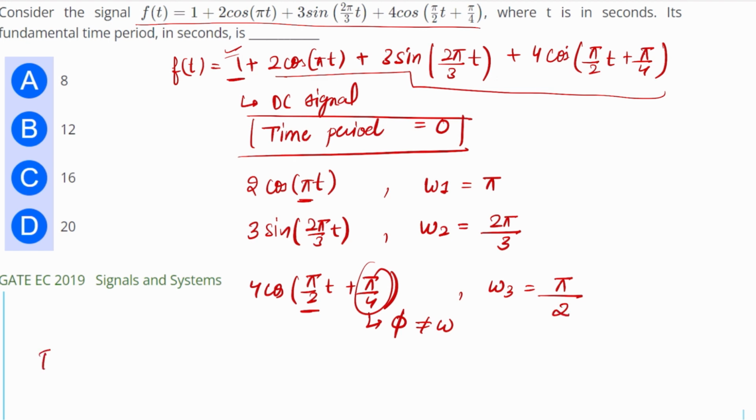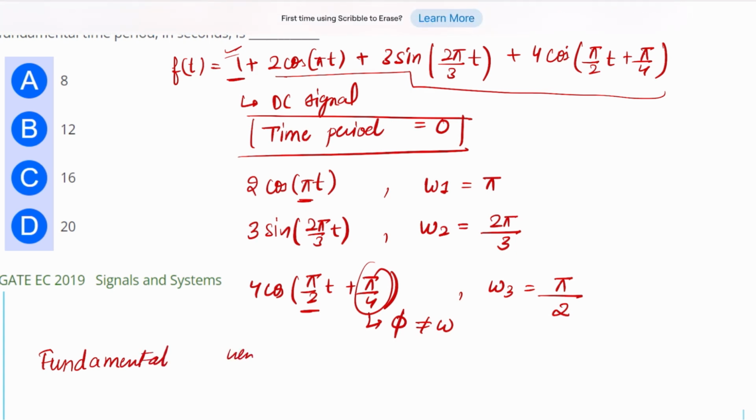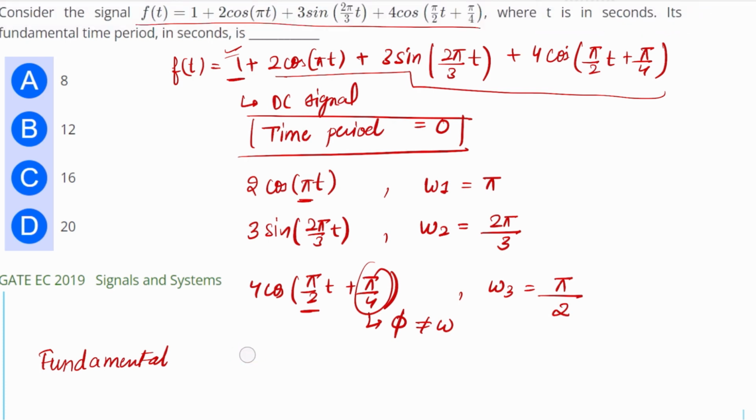In order to find out the fundamental time period, we have to find out the fundamental frequency first. So omega naught will be equal to the greatest common divisor of pi, 2 pi by 3 and pi by 2.